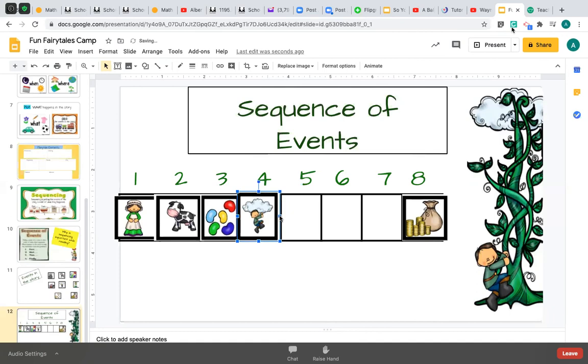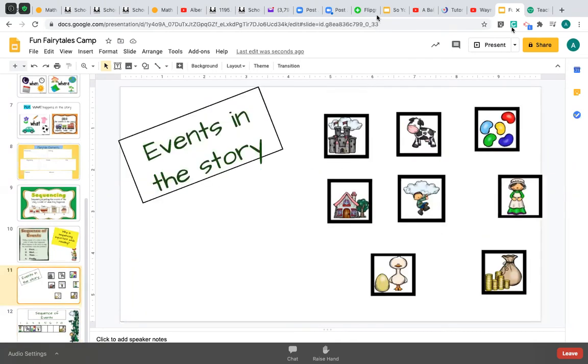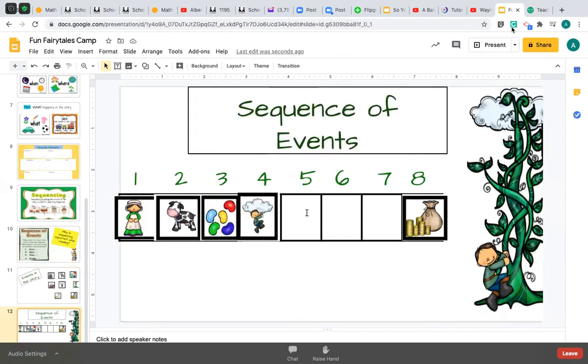What was on top of the beanstalk? All the way up, up, up. Yes, the castle. So let's get the castle next. What do you think? Is that the next important event in the story? I think so. Here we go. So we're adding in, after Jack climbed the beanstalk, there was a big castle up on top. And who did he meet?